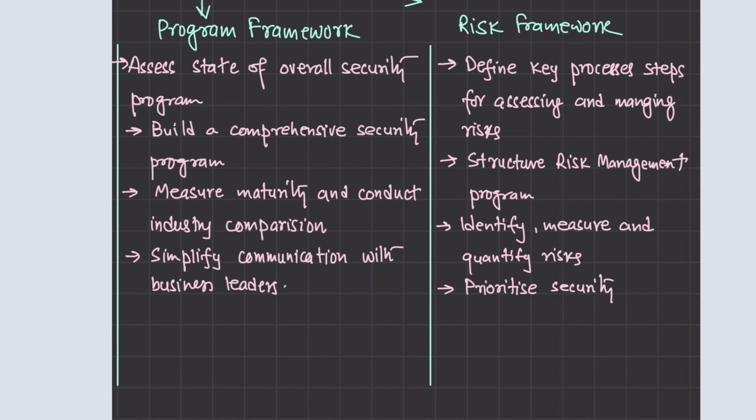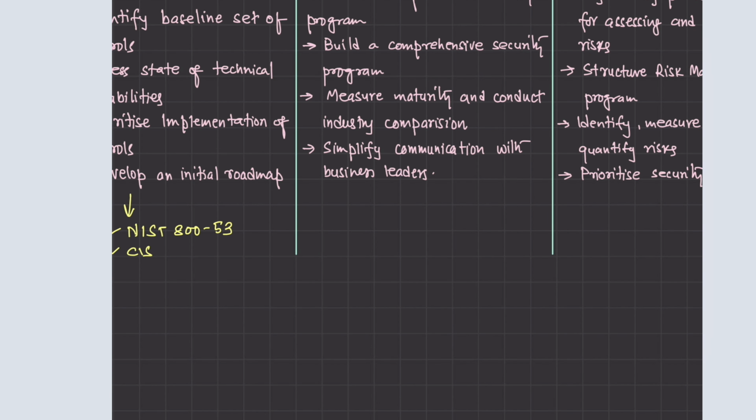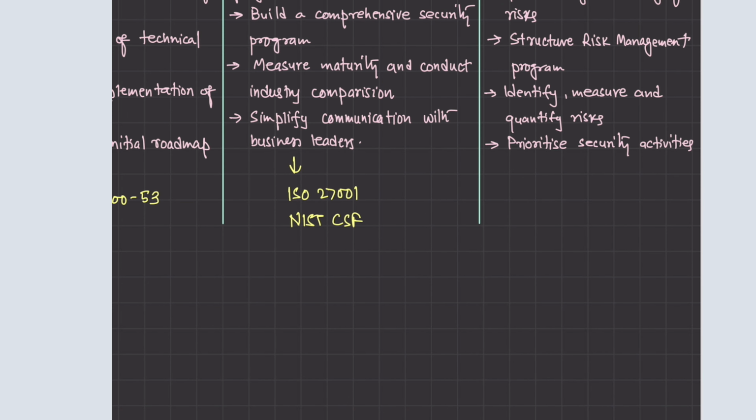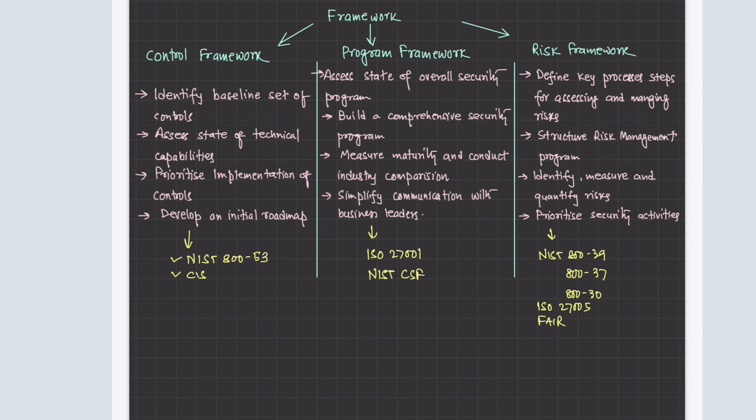There is one video where I have explained in detail the difference between NIST 839, 830, and 837. I highly recommend you go and watch that video if you want an idea of how these different risk frameworks are related to each other, right? So that's all. This is all about how we select controls for a specific system security requirement.